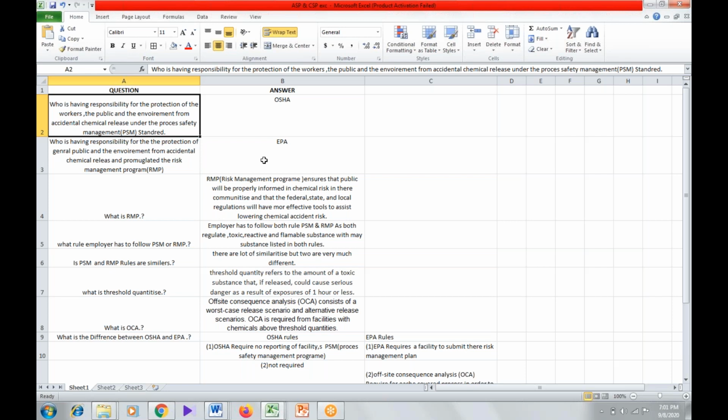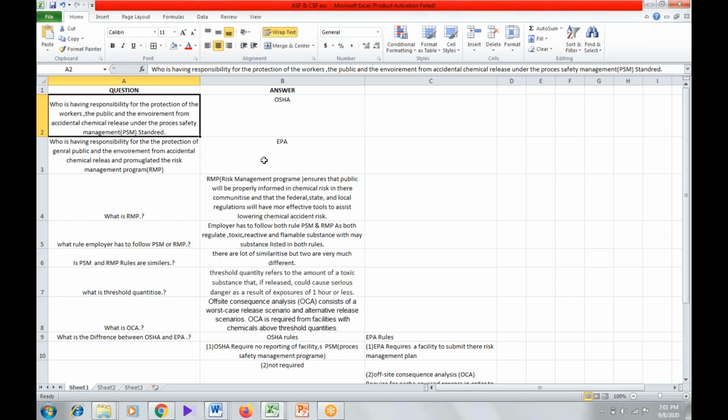The third question is what rule the employer has to follow, PSM or RMP? PSM means Process Safety Management. This is from OSHA, and the RMP rule is from EPA. So there are two bodies, one is OSHA and the other one is EPA.